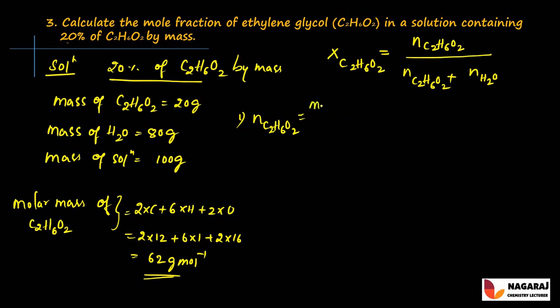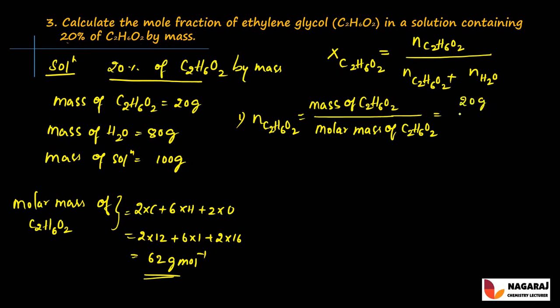Number of moles of C2H6O2 is the mass of C2H6O2 divided by the molar mass of C2H6O2. So the mass of ethylene glycol is 20 grams divided by the molar mass of ethylene glycol, 62 grams per mole. On simplification it gives 0.322 moles.